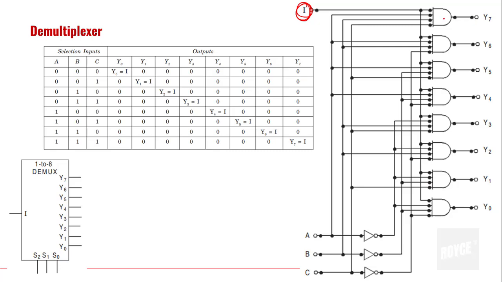We can trace that. Kung 0, 0, 0, mapapansin nyo, 0 ang A, so 0 si 7, 6, 5, 4, and then 0 si 3, 2, and then si C, 0 si 1. Ang naka-1 lang talaga is si Y sub 0.